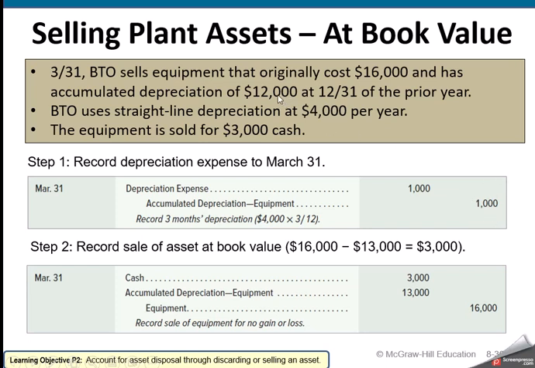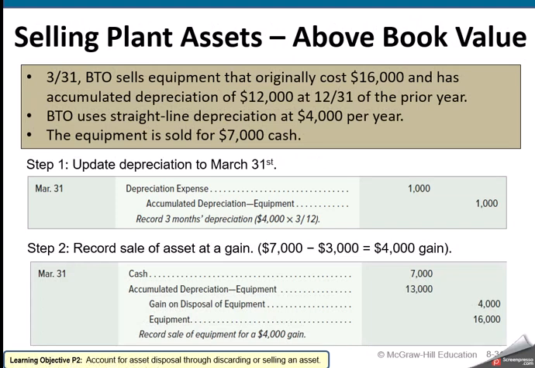So if the balance was $12,000 at the end of the year, it's now up to $13,000. And then if we look at our net book value, $16,000 minus the accumulated depreciation of $13,000 gives us a $3,000 book value. And that's exactly what we're selling it for, so there's no gain or loss.